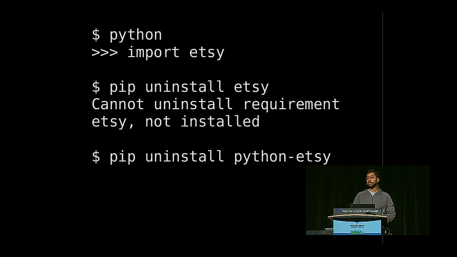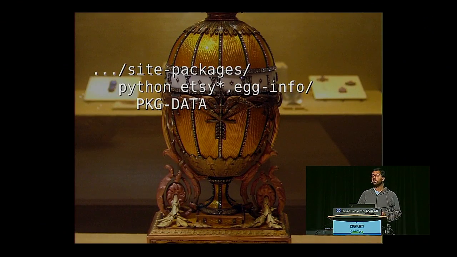And the uninstall process is driven through this thing in Python known as eggs. So there's a data directory that contains information about this package, or I should say the distribution, the name of the distribution, plus some stuff, .egg-info. And inside the file package data is information about this particular distribution.